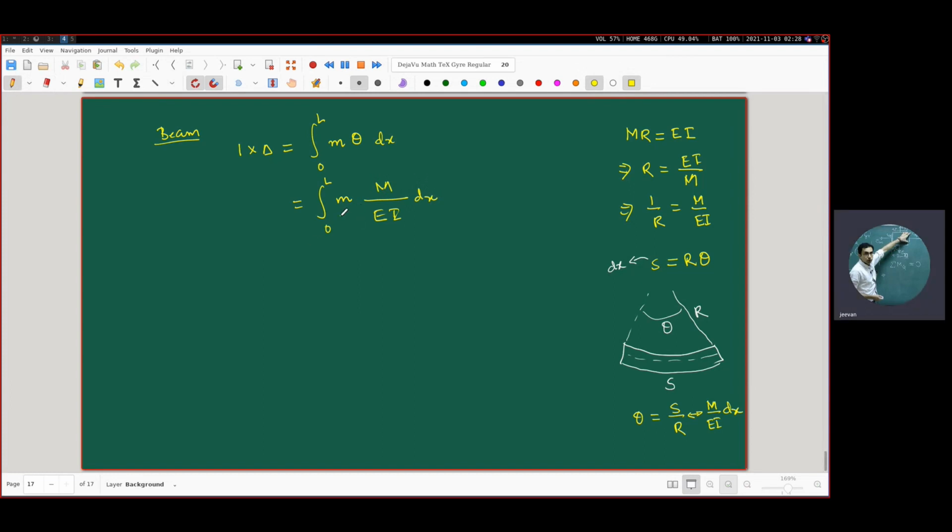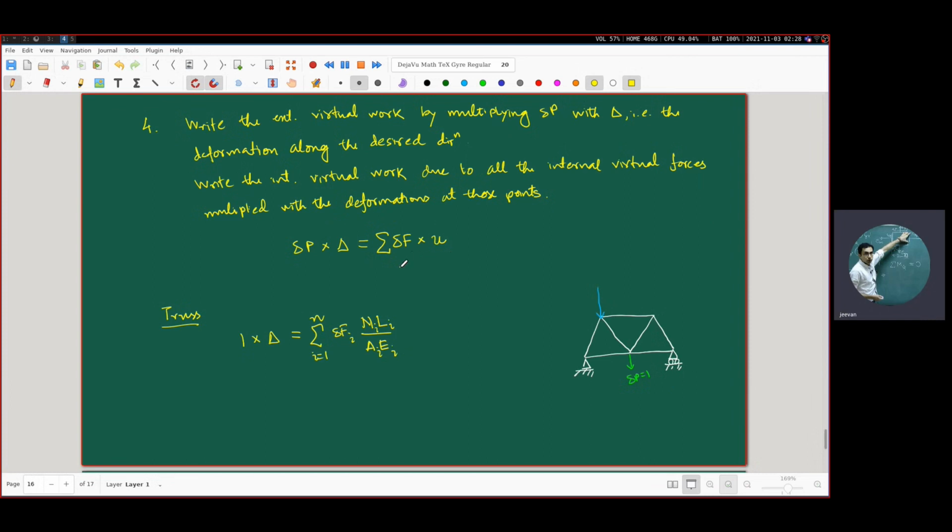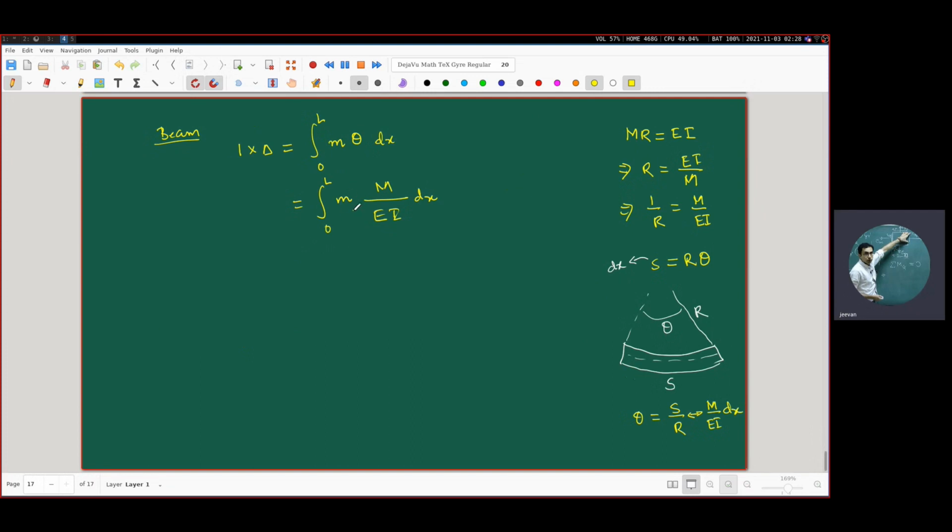Now the question is, what is this m? Earlier, when I was explaining this, I said that this delta F is the internal force that will be generated due to the application of this virtual force of magnitude 1. Here also, correspondingly, this small m is the moment that is induced in the beam due to the application of this virtual force of magnitude 1.